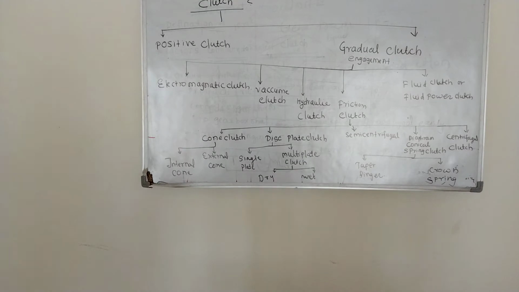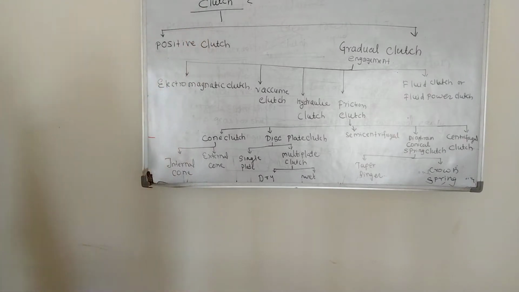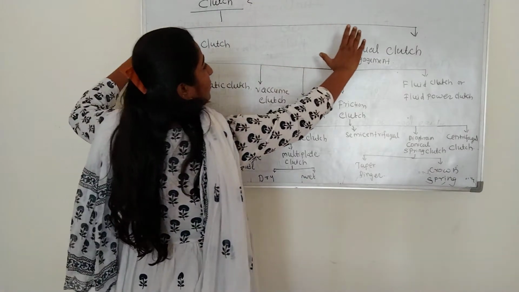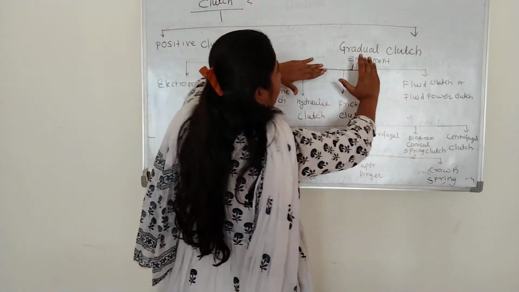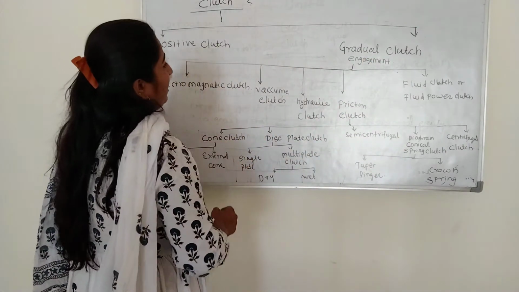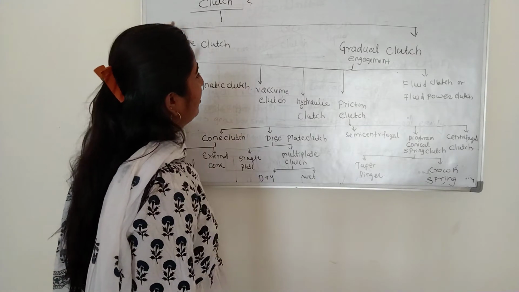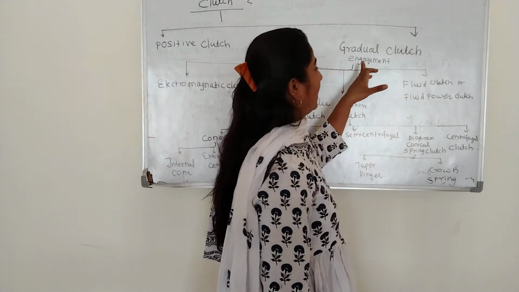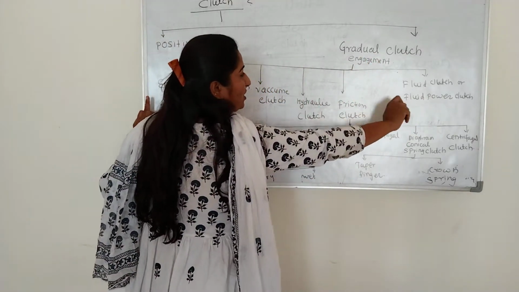Now we will go through the classification of the clutch. In the diagram, we can see there are two main types of clutch. One is the positive clutch, the second is gradual clutch engagement. The positive clutch has a single type, but gradual clutch engagement is subdivided into a number of clutches.